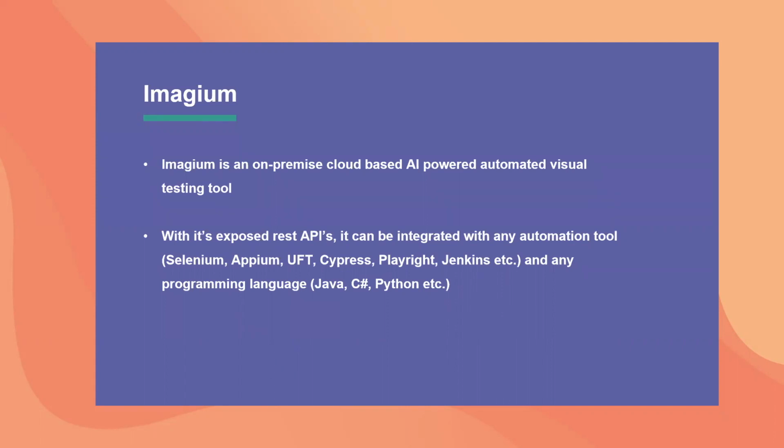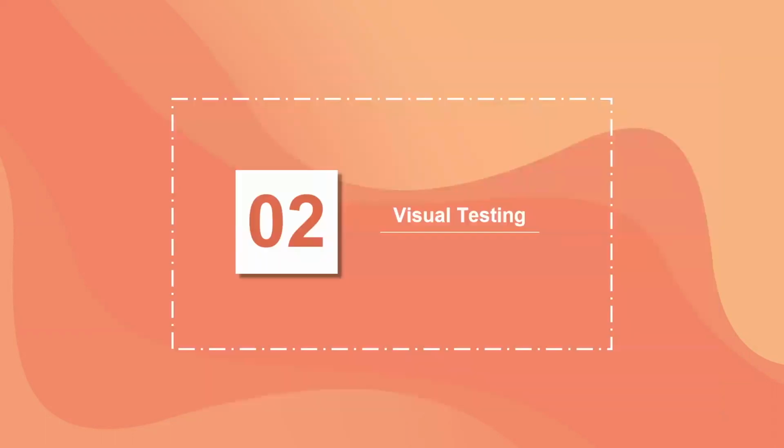This gives end users of Imagium more flexibility than any other tool out there because you can integrate it with any programming language of your choice. And even if tomorrow there's a new programming language in the market, and if it has the ability to make a call to the REST APIs, then you can integrate it with that. How simple is that? So moving on to the next.